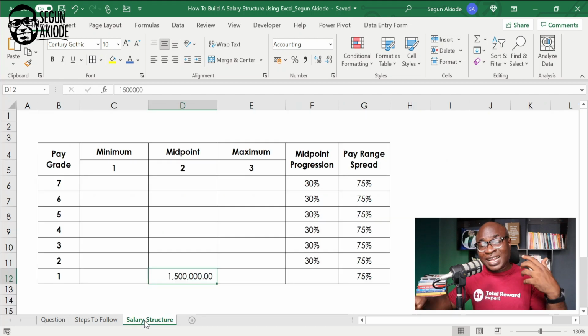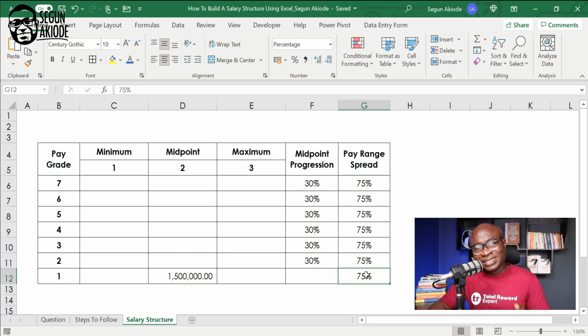Now what does that mean in itself? For each of these pay grades, they would all have midpoints. The distance from one midpoint to another is defined as your midpoint progression, 30% in this scenario.